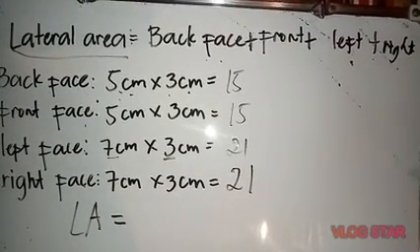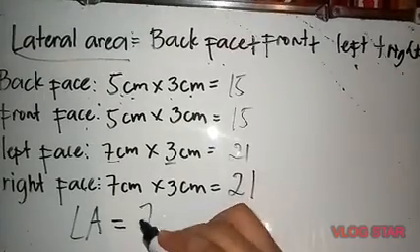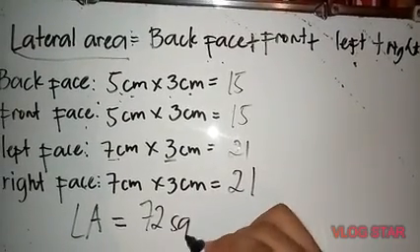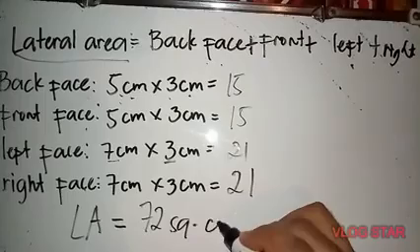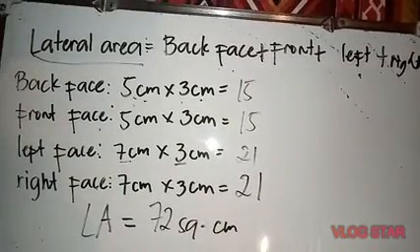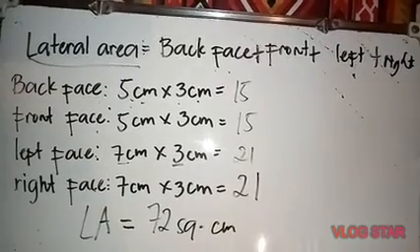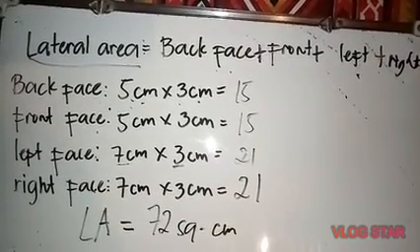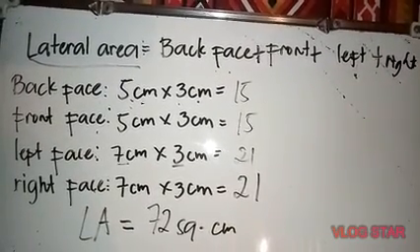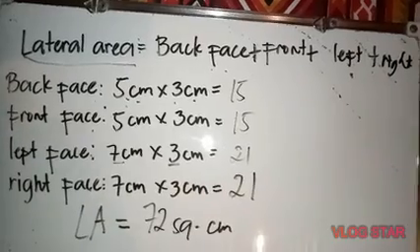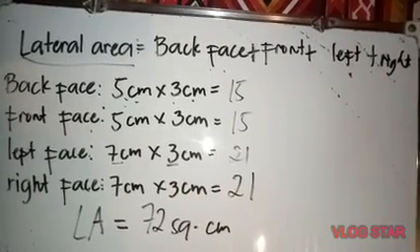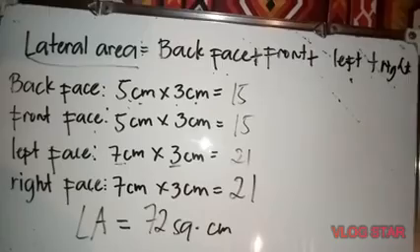Lateral area is equal to 72 square centimeters. So that is the lateral area of a rectangular prism that has 7 centimeters length, 5 centimeters width, and 3 centimeters height.